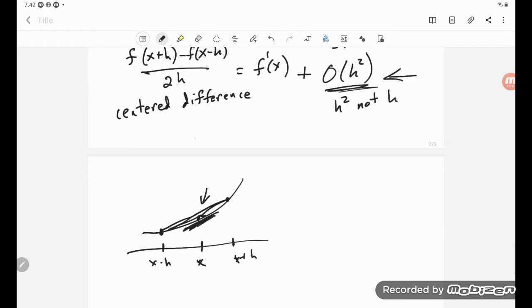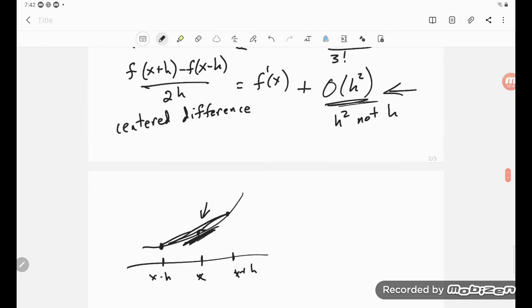So intuitively, it looks like this center difference would do better, and it does.